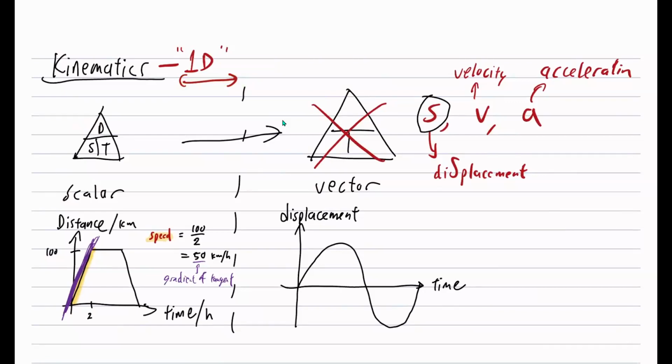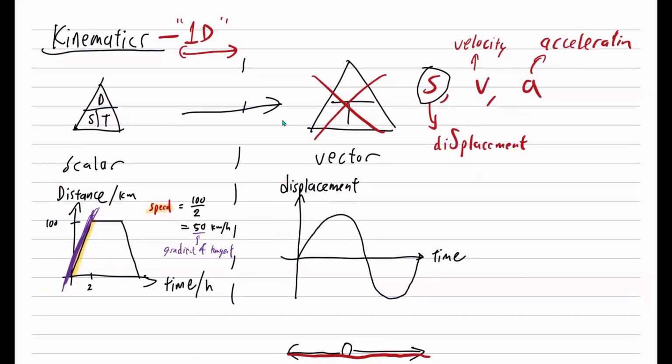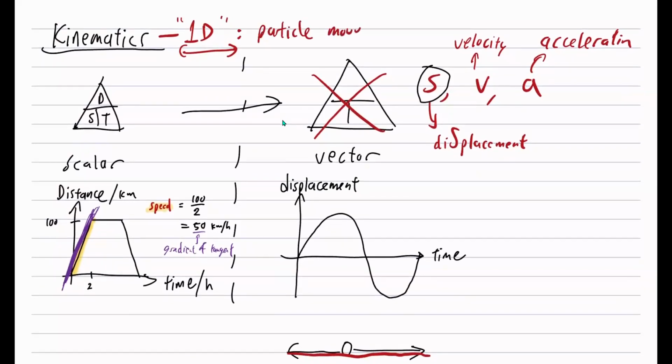For 2D kinematics, it will be involving the other axis, the y-axis, so you can move up and down and diagonally. 3D, then you have to go forwards and backwards out of the paper already. For now, we will only focus on 1D, meaning that a particle moves along a straight line. Or it could be like an MRT train that's moving left and right, towards the east, towards the west, towards north, towards the south.